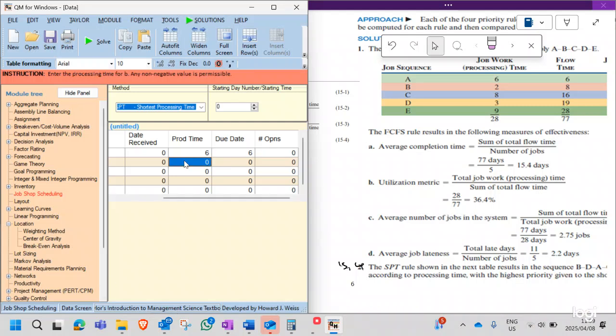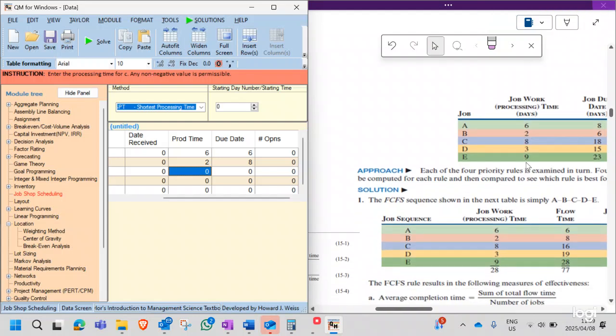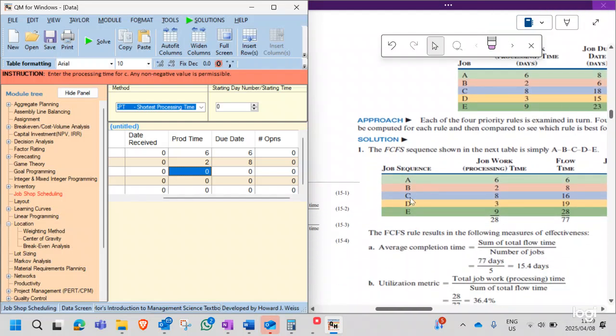6, followed by 2, due date 8. Followed by... no, this has been sorted out. Oh, but it doesn't matter, it's the same thing. Okay, I'm reading this as 8 and 18, then 3 and 15, 9 and 23.